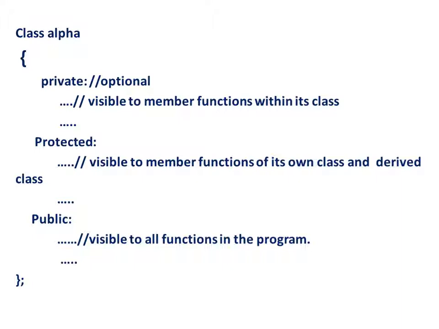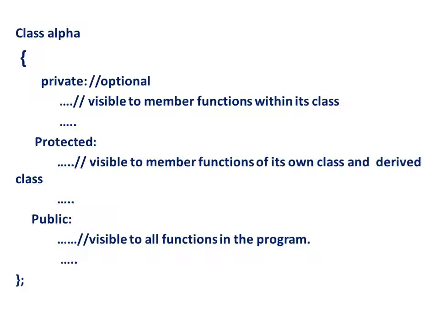I have given one simple example. I haven't included any code here, but it will tell you how the visibility mode helps in accessing the base class members in my derived class. I have taken one class, class alpha. Private is optional; if I don't use it, the visibility will be the default one.